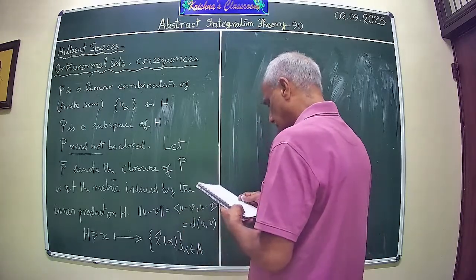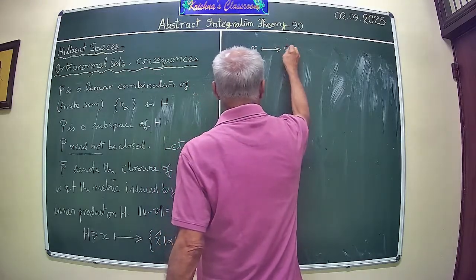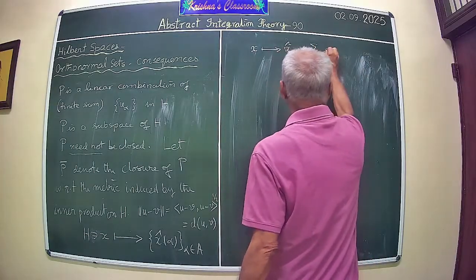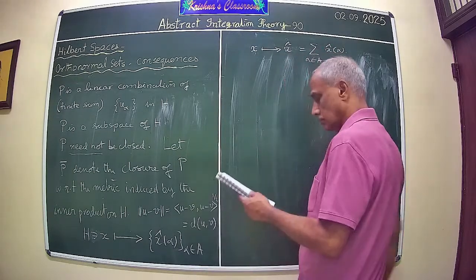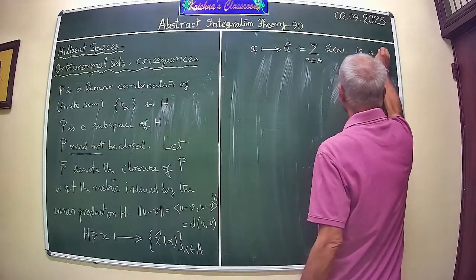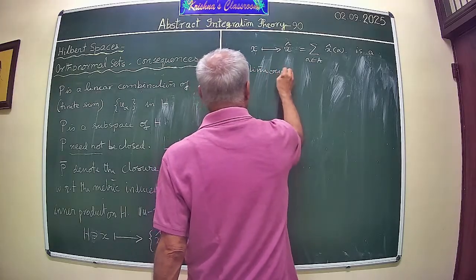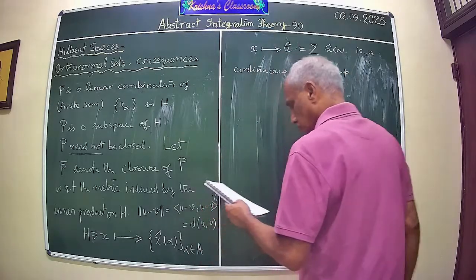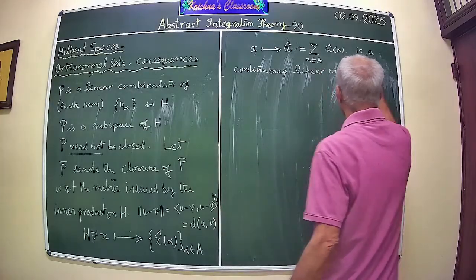Now you can show that the mapping x going to x hat is a continuous linear map of H into L2(A).